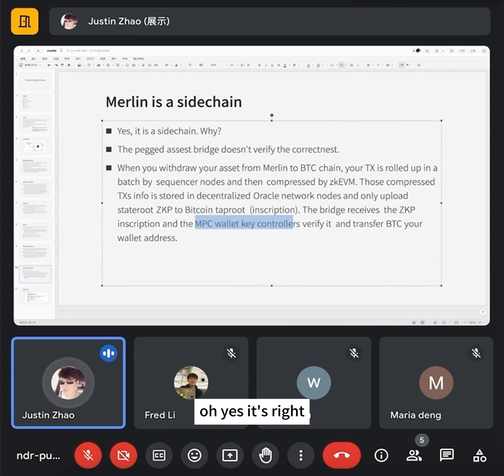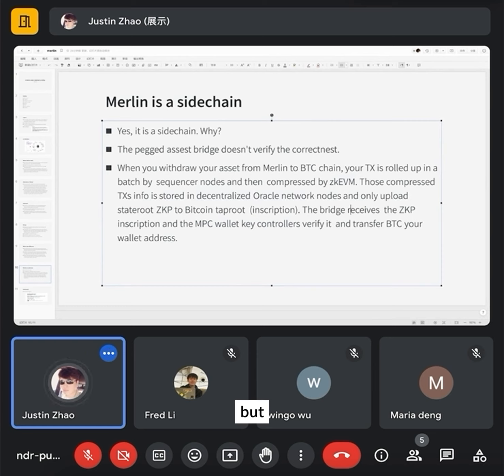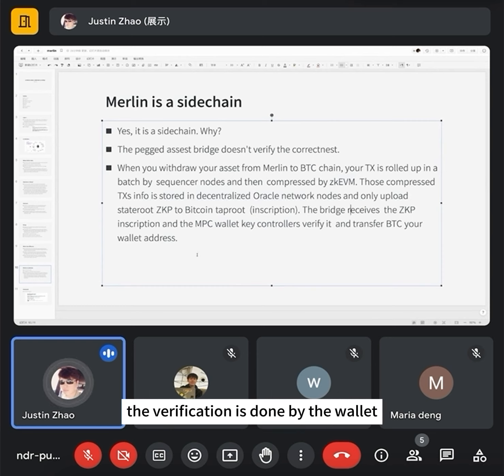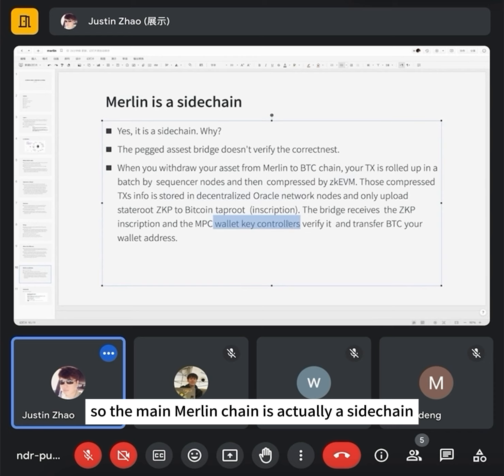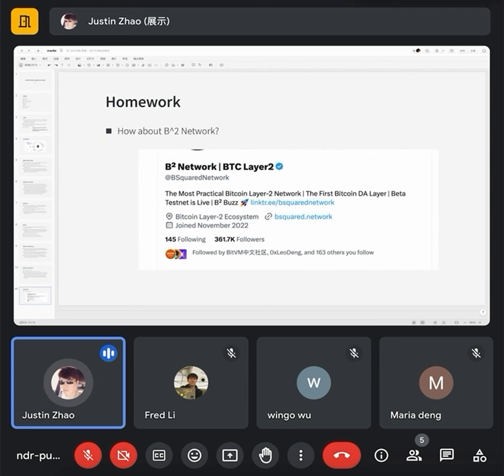Yes, it's right, we can transfer the BTC to your wallet address. So the bridge only receives information, but does not verify it. The verification is done by the wallet private key controller. So the Merlin chain is actually a sidechain. That's the answer. That's the homework.